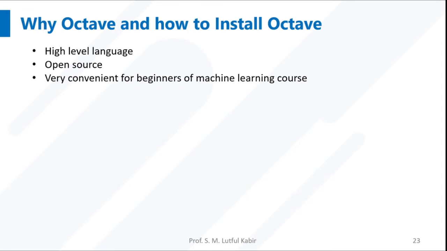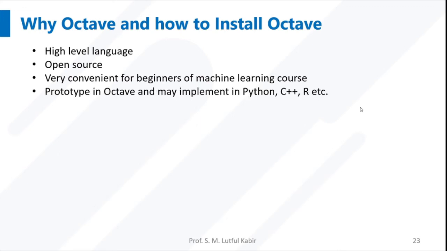For beginners of a machine learning course, it is better to use Octave, and then you can switch to other programs. The normal tendency is you make a prototype in Octave and may implement in Python, C++, R, etc.